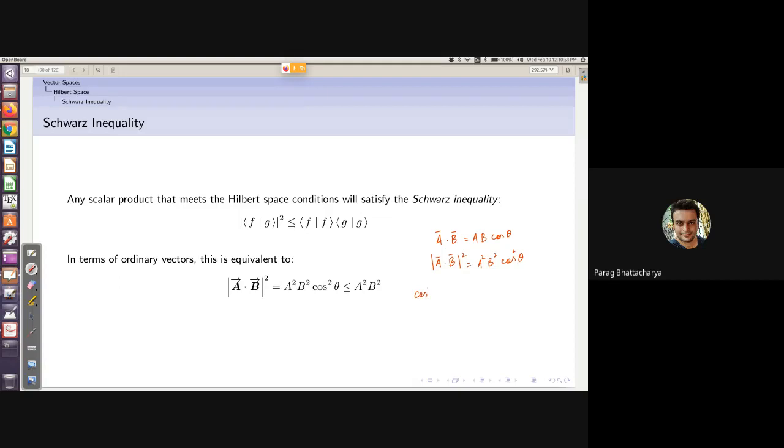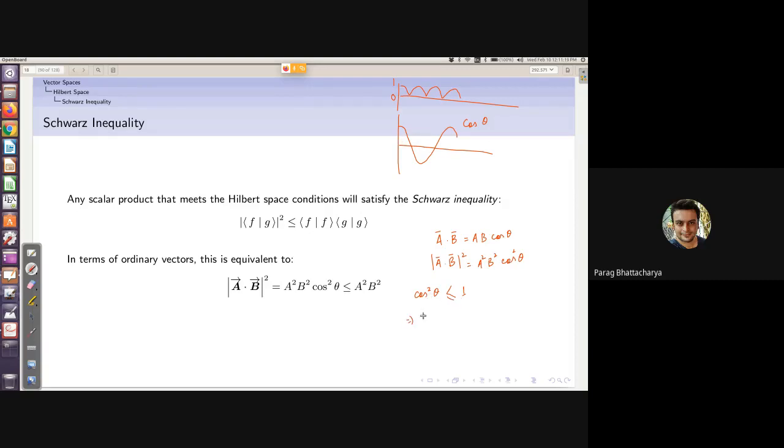Now cos squared theta will always be less than or equal to 1, yes or no? Because this is how a cos function looks like. Then a cos squared function will be something like this, so it will be between 0 and 1. So cos squared theta will always be less than or equal to 1.